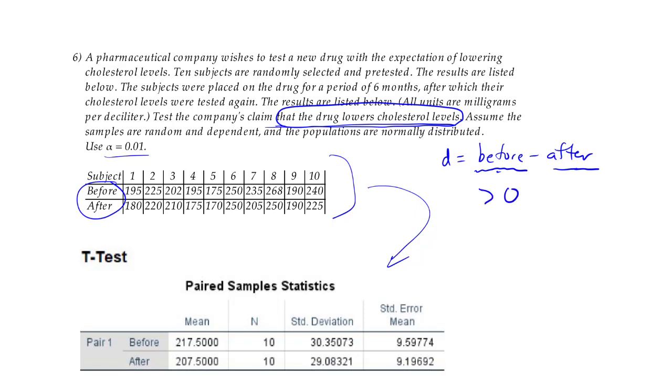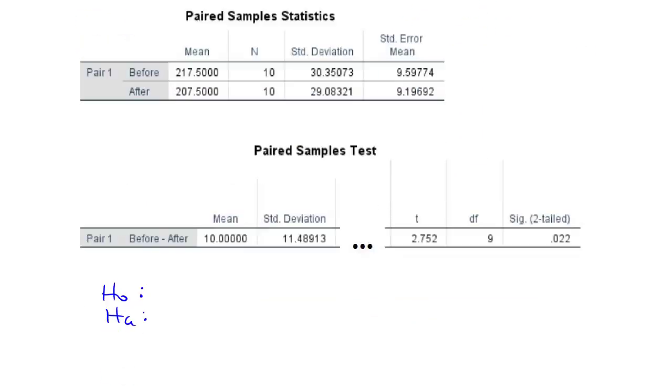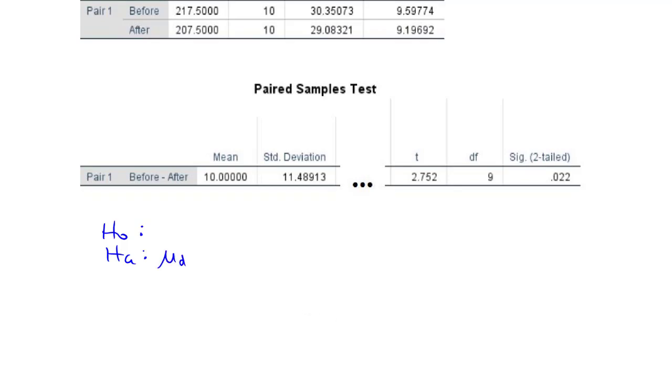That would mean we'd be saying that this D is greater than 0. Hence, mu D greater than 0 would be our claim. So mu D greater than 0, mu D less than or equal to 0. Okay, so we're set up.